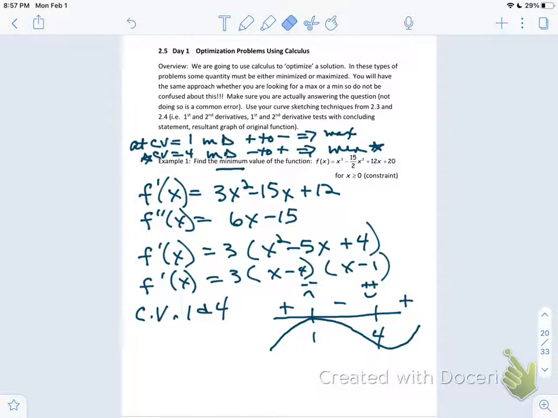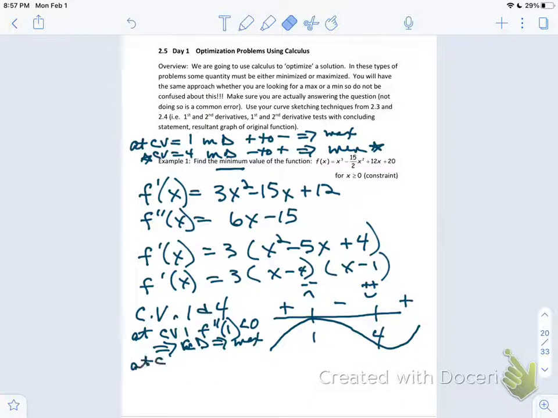My second derivative statement would be as follows. At CV 1, f prime prime of 1 is less than 0, and that's going to give me what? A concave down, which is a max.